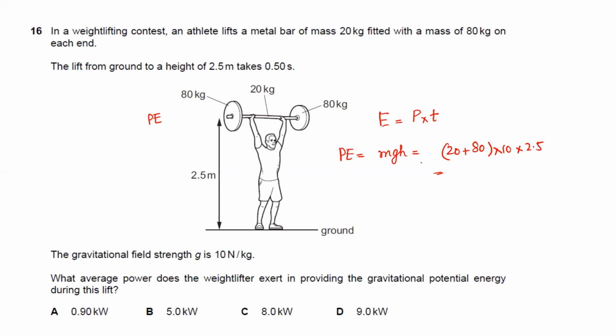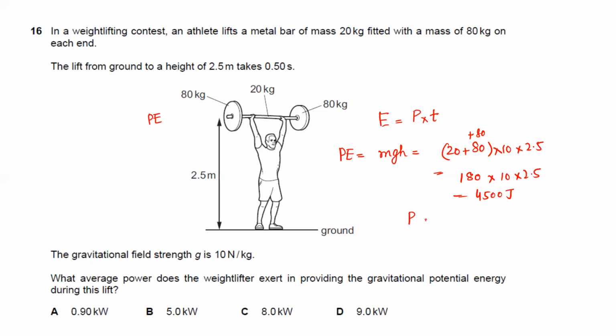So technically, sorry, there are two 80 kgs lying, so 80 plus 80, so 160. Let me do it again. So this is 160, 180 multiplied by 10 multiplied by 2.5. This is 4500 joules.